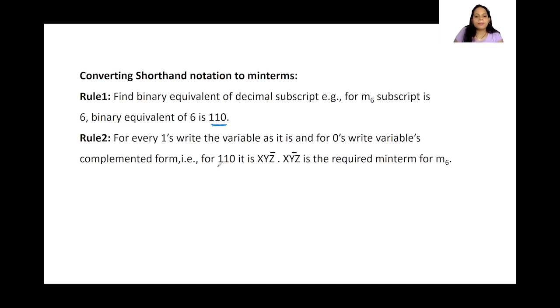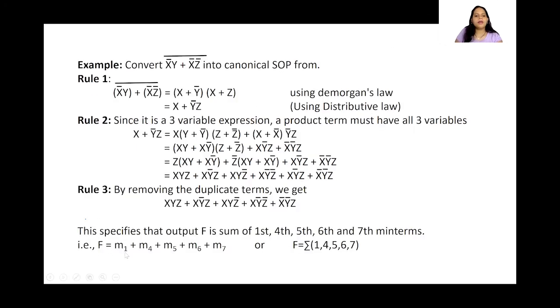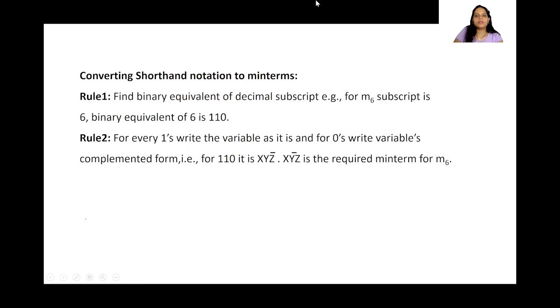So here it's the same thing. We can try the previous example. We got M1, M4, M5, M6 and M7, that is 1, 4, 5, 6, 7. Suppose I am writing it like this.